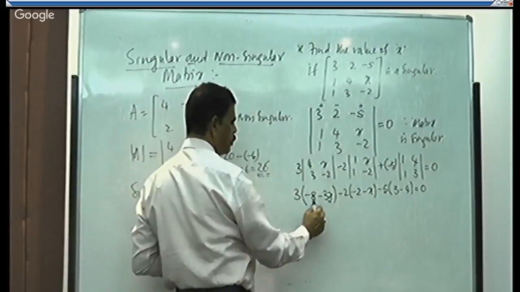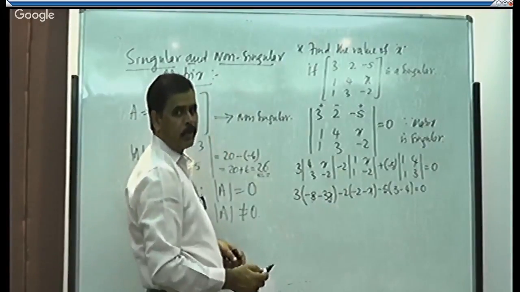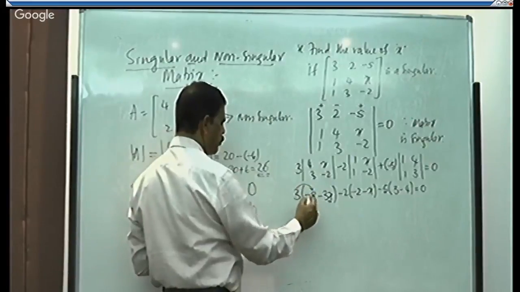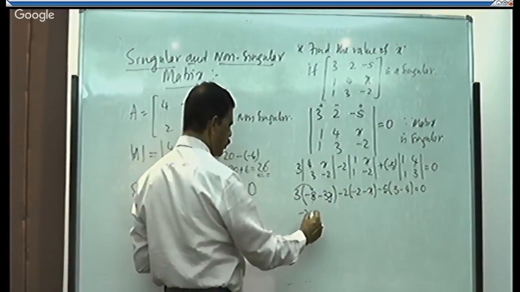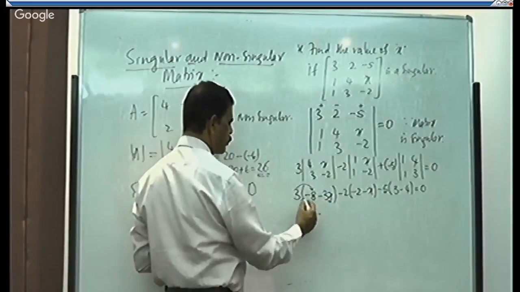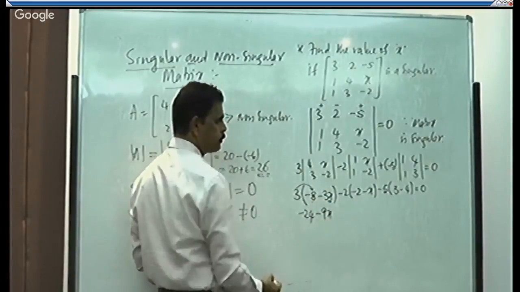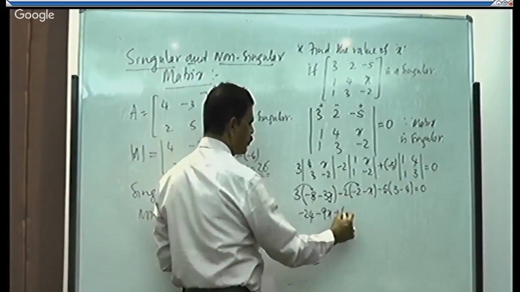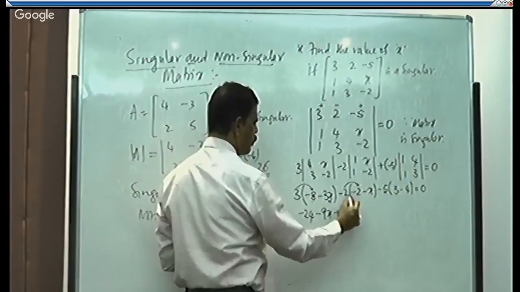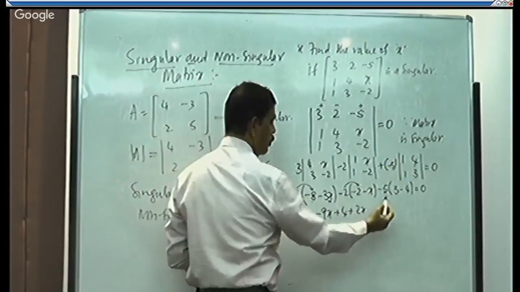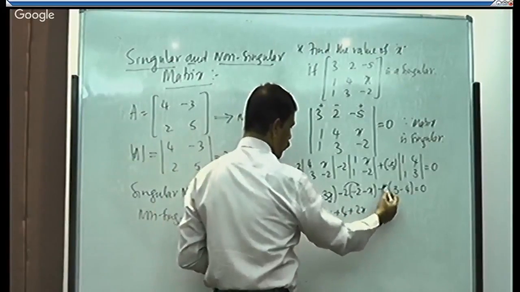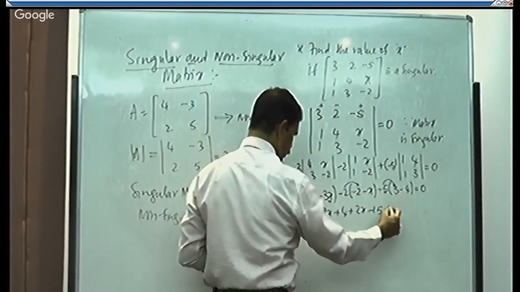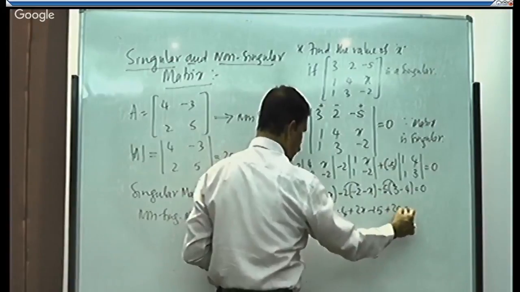We need not add or subtract, they are separate. Then take the multiplication separately. 3 into minus 8, minus 24, plus, into minus 3, 3 threes are 9x. Multiply with minus 2, minus into minus plus, 2 twos are 4, minus into minus plus 2 into x, 2x. 5 into minus 3, minus 15, minus into minus plus, 5 fours are 20, is equal to 0.